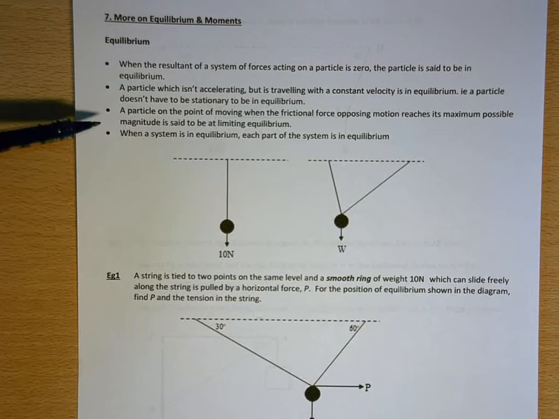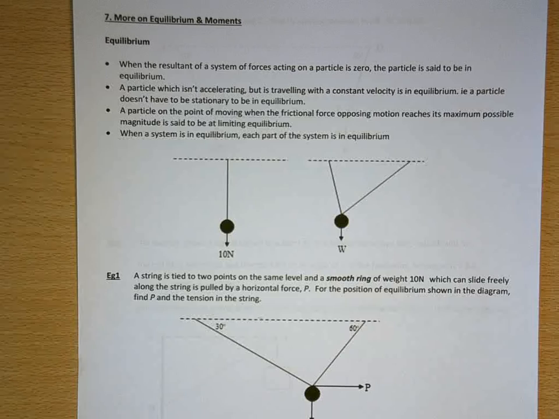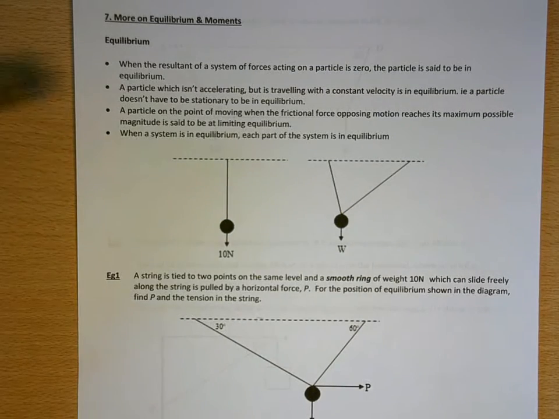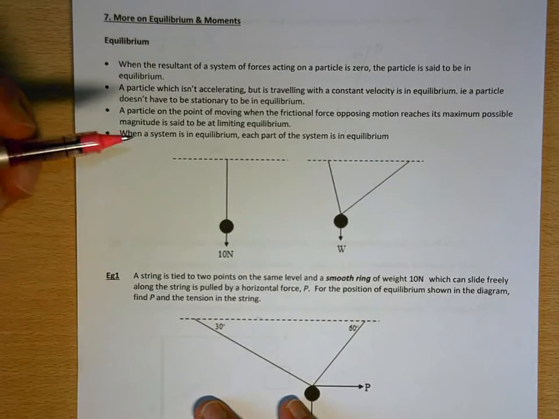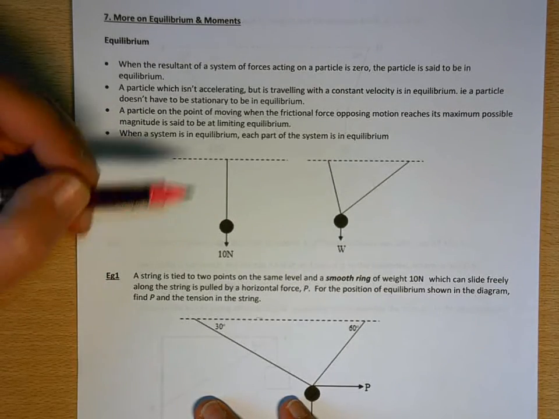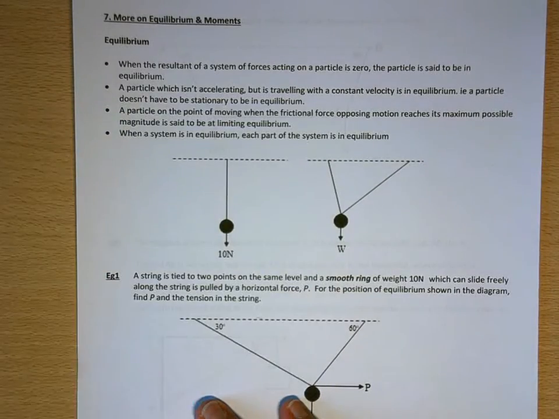The third bullet point we've already looked at in quite some depth when we were working with the previous work on friction. And the other thing to point out here is that when a system is in equilibrium, each part of the system is in equilibrium. So at any point you zoom in on the force diagram, you would have equal and opposite forces acting.